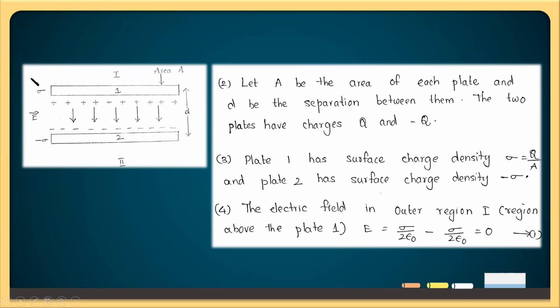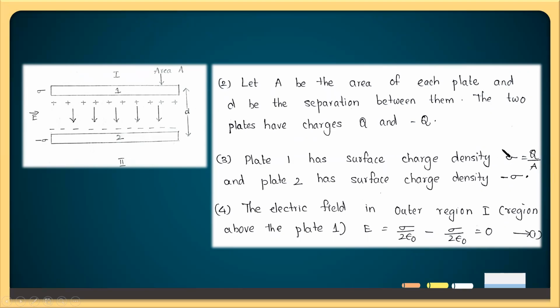Sigma is the surface charge density, that means charge per unit area. If capital Q is the charge on the first plate, then sigma is equal to Q by A.